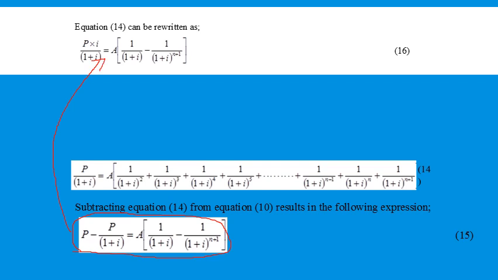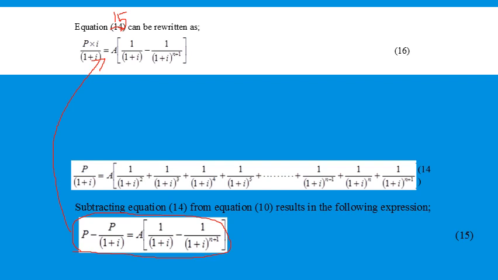So it is not equation number 14, it is equation number 15. Okay, this can be rewritten as P into I divided by 1 plus I. This is simplification, that's all.